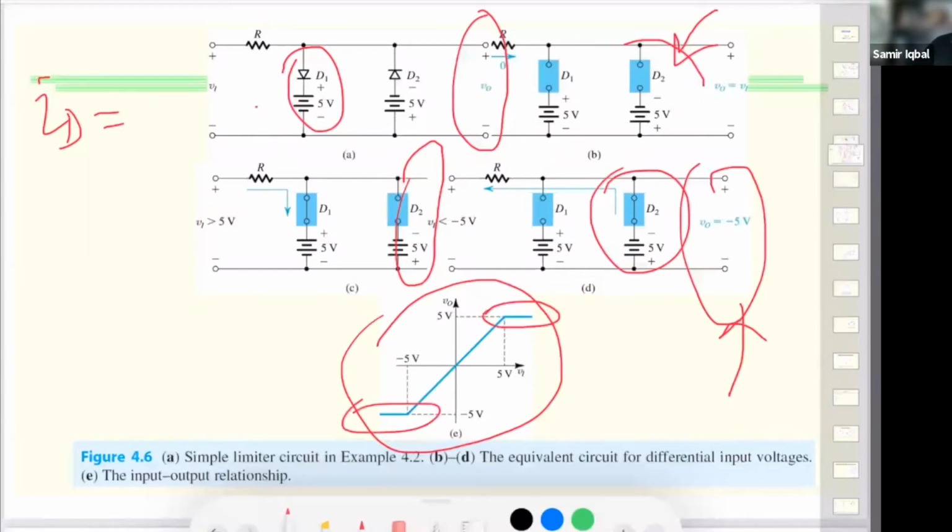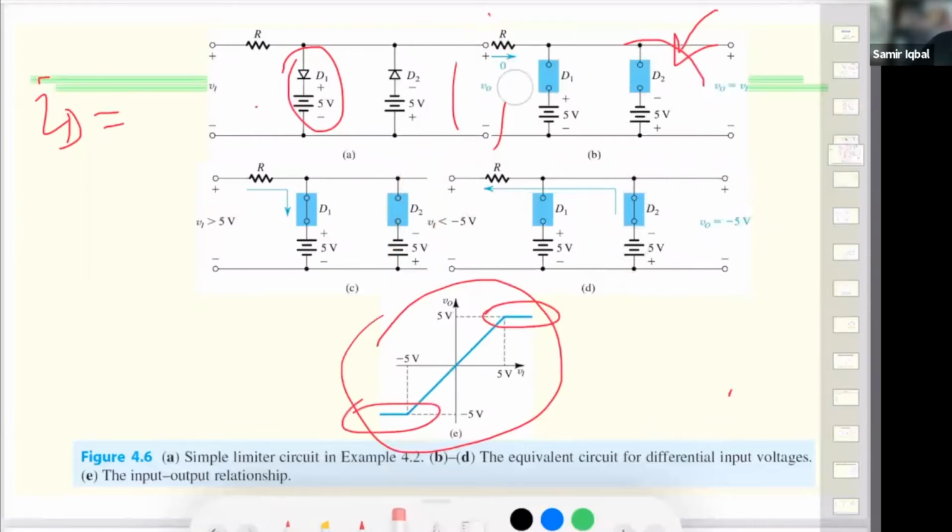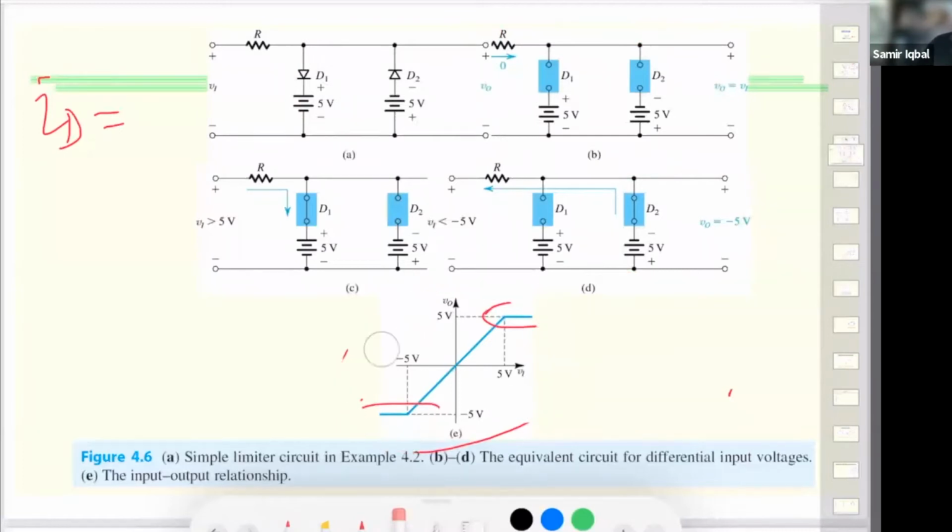Let's pick up one of these. For our output voltage, we have to look from the output side inwardly and see what kind of circuit we see. If I pick this D and look from this side, what I see is a node, and then I do my nodal analysis and see that these are two resistances which are seen as parallel.